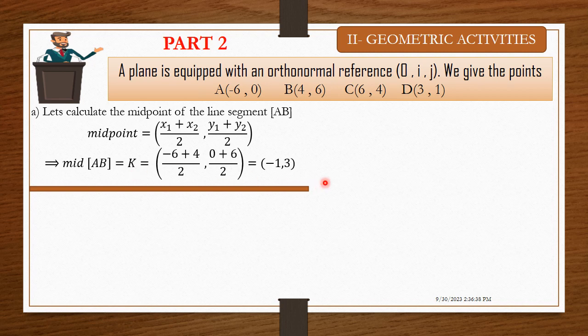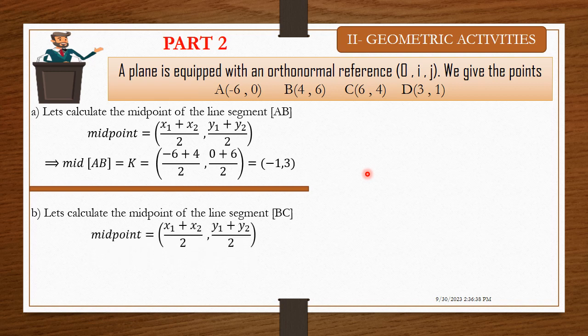Now we proceed to the B. B says let's calculate the midpoint of the line segment BC. So we are actually going to do almost the same thing that we did for the line segment AB, just that we're going to use the points B and C in this case.